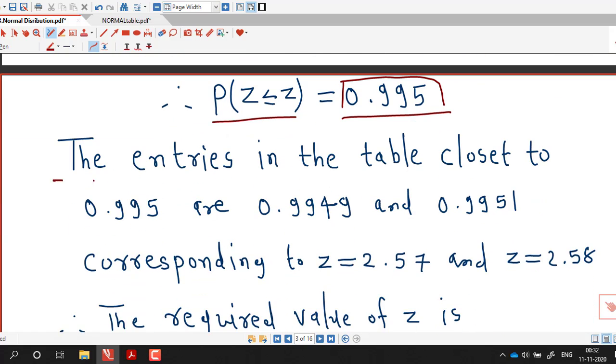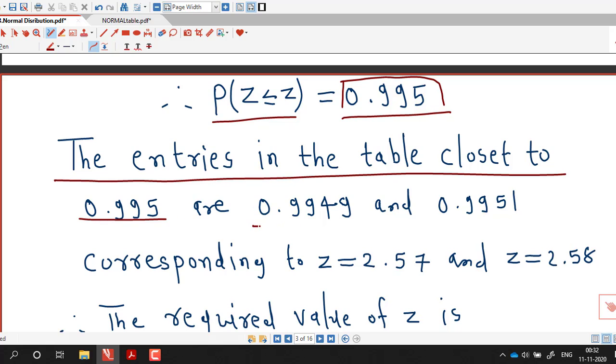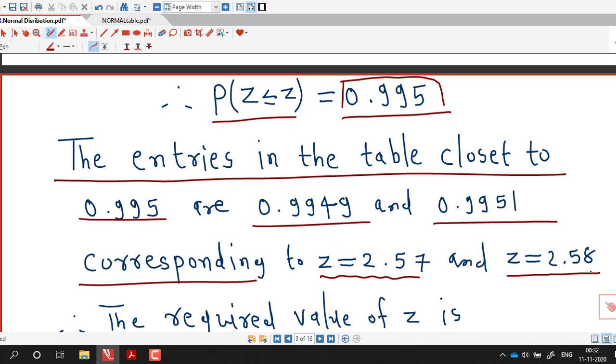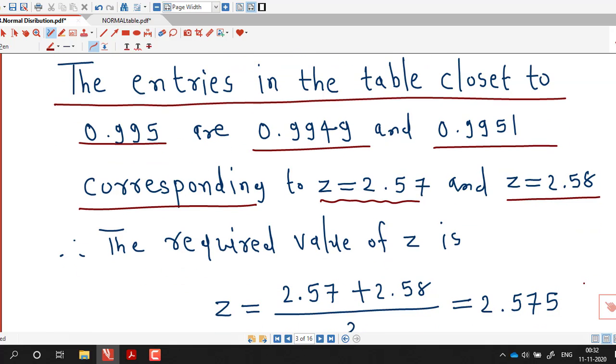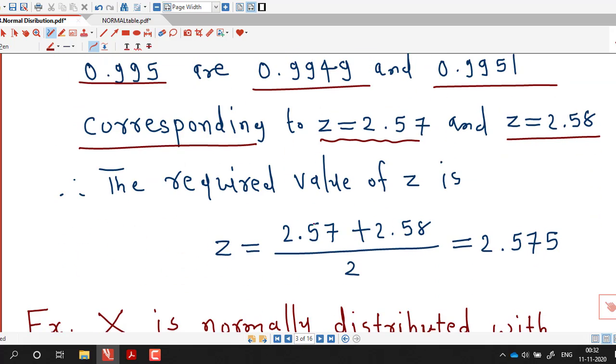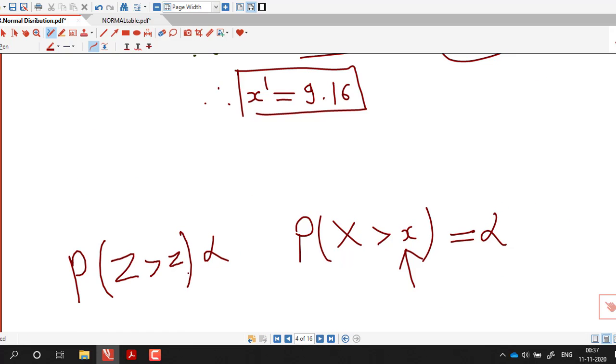So the entries in the table closest to 0.995 are 0.9949 and 0.9951, corresponding to z equal to 2.57 and z equal to 2.58. So therefore the required value of z is the average of these two, which is 2.575, the z for which probabilities are given.